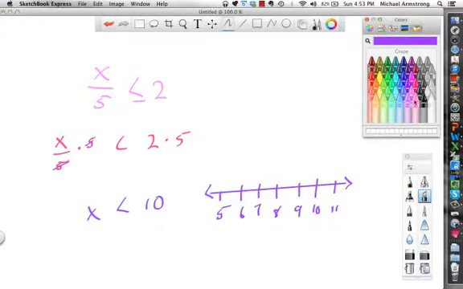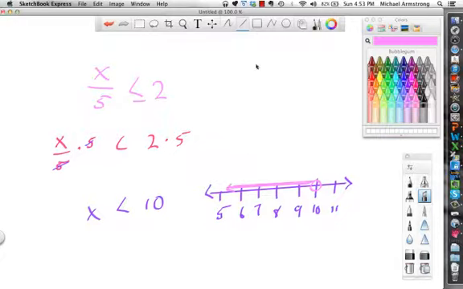It's less than, not less than or equal to, so it's a hollow circle, and that's not going to be filled in. And it's less than 10, so our arrow is going to point this direction. You can make that look nice and straight if you use a ruler or this little handy tool, to make it look just a little bit more arrow-like.